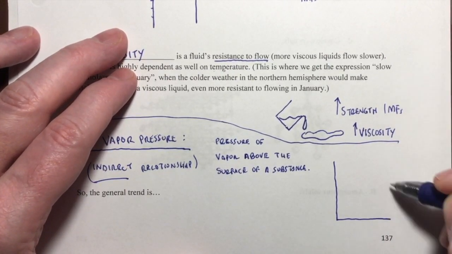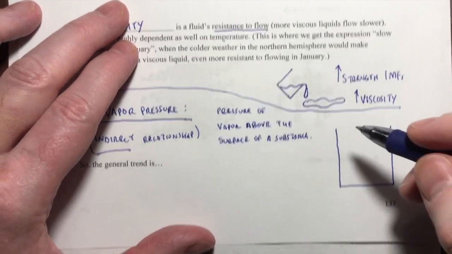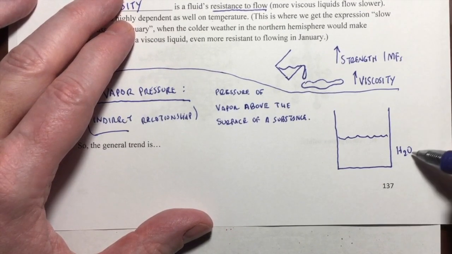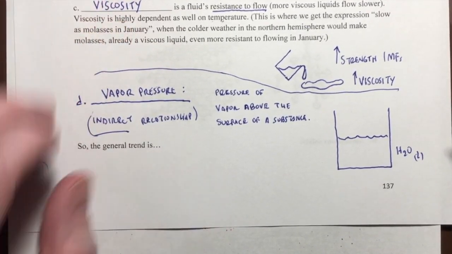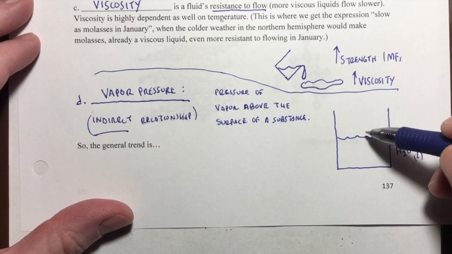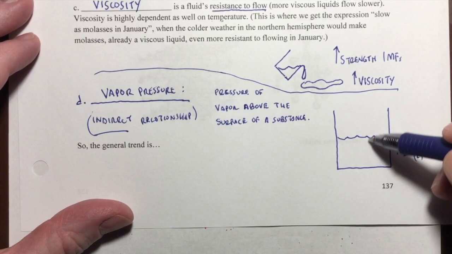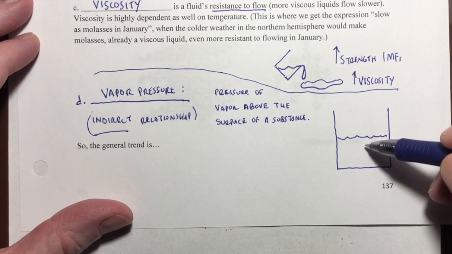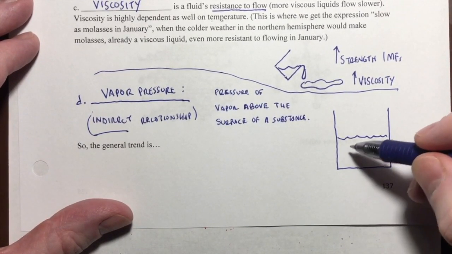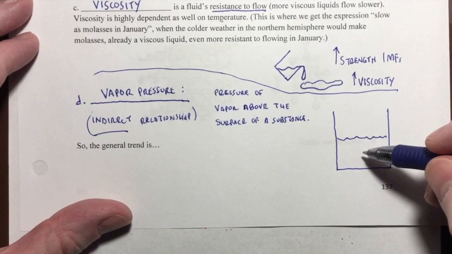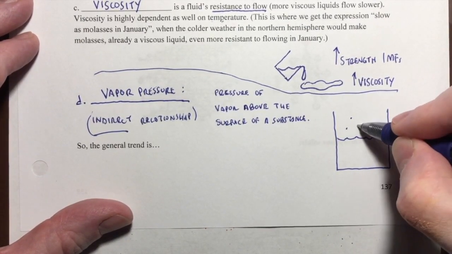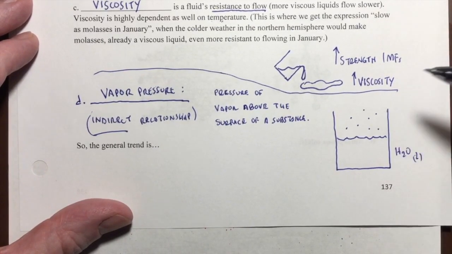Let's imagine that we have a beaker, and in this beaker I've got some water. This is liquid water, right? Now, whenever we have a liquid in a beaker, we have some equilibrium forming, some dynamic process by which some of these molecules will have enough energy, at whatever temperature we're running at, that they will be in the vapor phase.